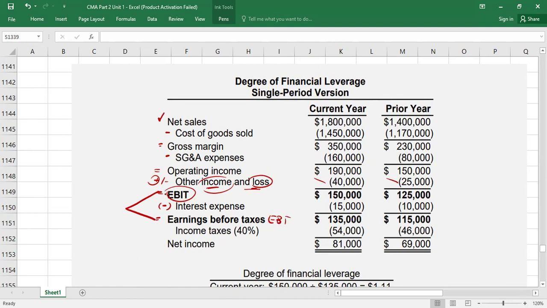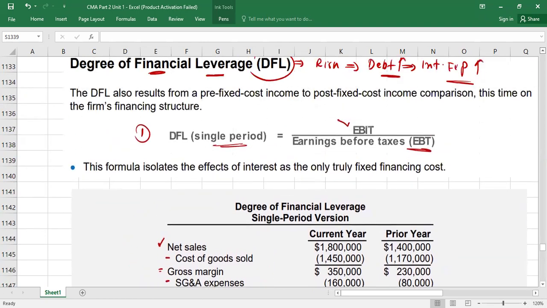The explanatory variable for the difference between these two is the interest expense, which is relevant to finance. So in the single period model we use these two values, EBIT and EBT. The numerator is EBIT and the denominator is EBT.